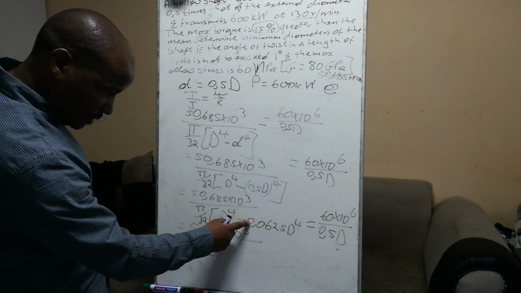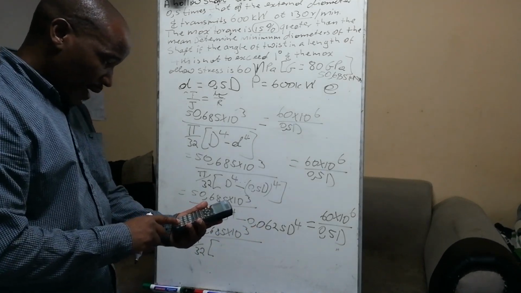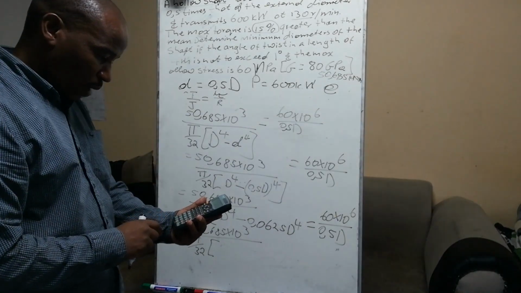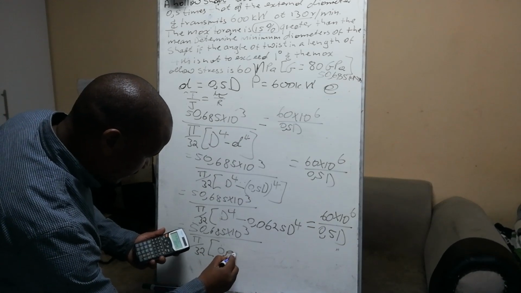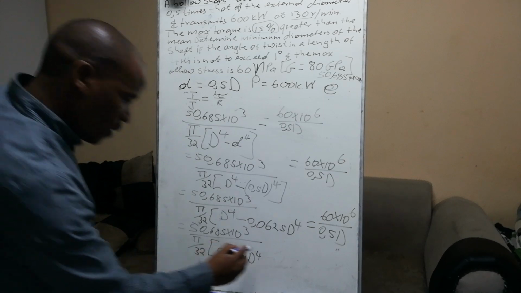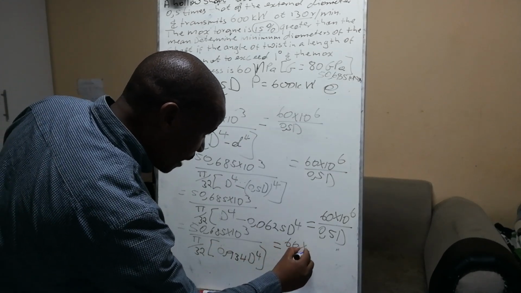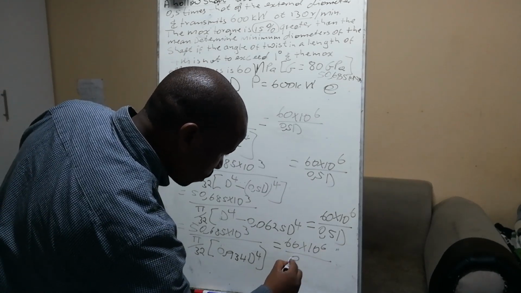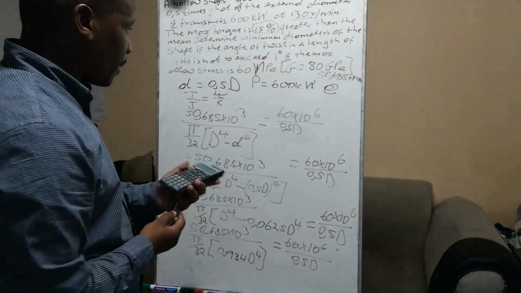It's 1 minus 0.0625, and it's equal to 0.934 D to the power 4, closing brackets, and it's equal to 60 multiplied by 10 to the power 6 over 0.5 D. I just want us to make it step by step.